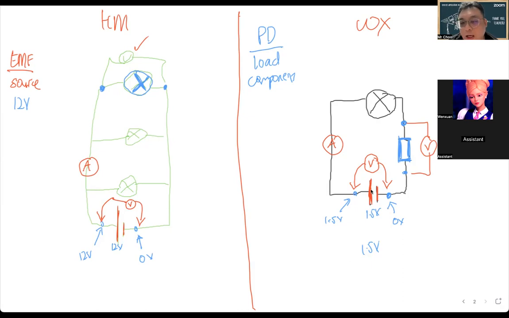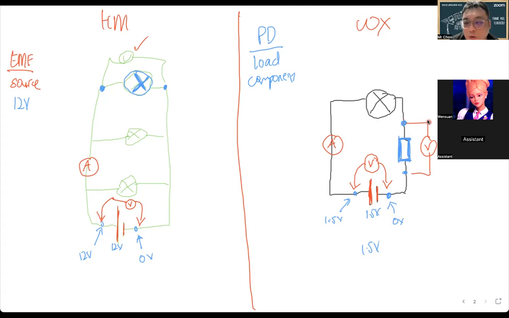We talk about conventional current. You're the positive current, you move through the bulb and reach this junction, this dot here. Now, if the voltmeter has a low resistance, whereas this resistor has a high resistance, where will your current go?